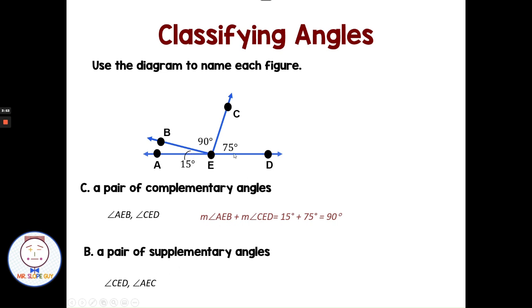And I could pair that up with AEC. AEC is 105. Oh, and CED is 75. So if I take 105 and 75 together, they make that 180. They take this 75-degree angle and this 105-degree angle, and together those add up to 180, making it supplementary.